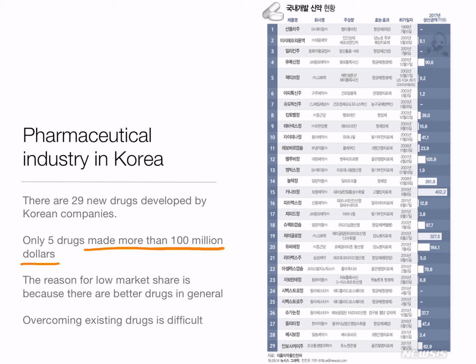So overcoming an existing drug is very difficult, and becoming the best drug for a certain type of disease is generally called the best in class. So the best in class means the best drug for some certain disease. There's also another similar concept called first in class.